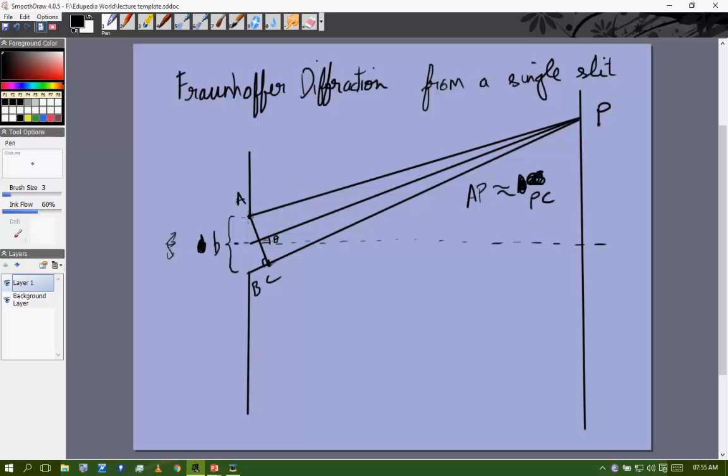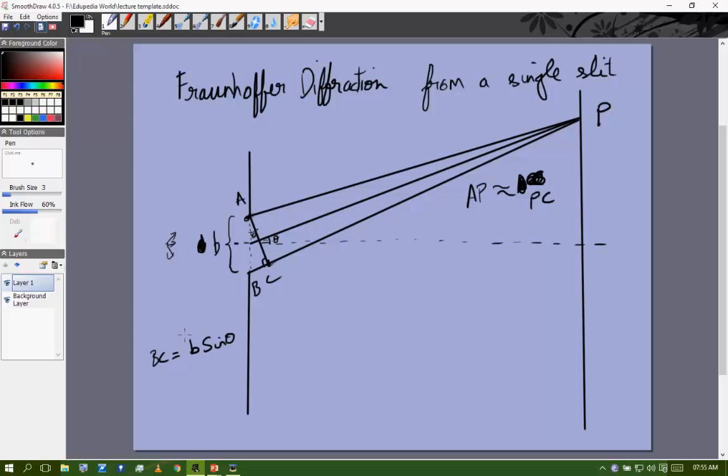And we'll draw this slit too properly. So the path difference between a wave created at A and a wave created at B by the time they reach P is BC. What is BC? If this angle is theta, this is theta, we know BC is equal to B sine theta.